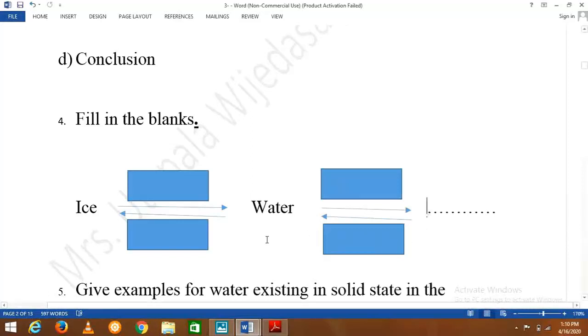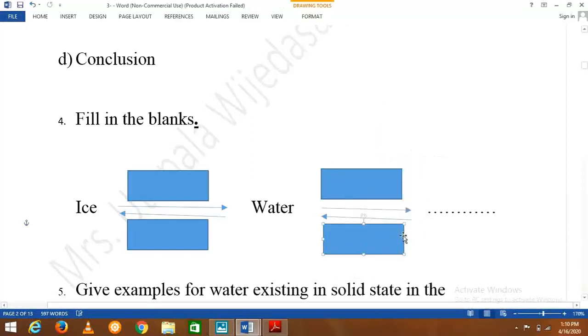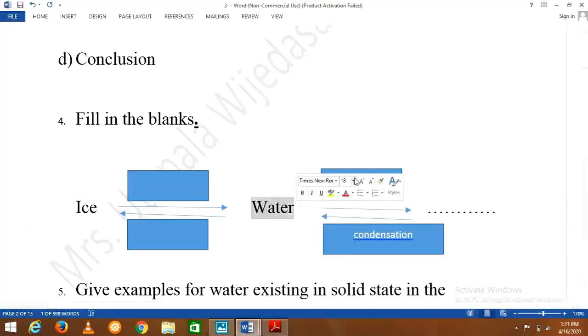Then the reversible process. When there is water vapor, on cooling it, or what we call condensation, this water vapor will be converted into liquid water.